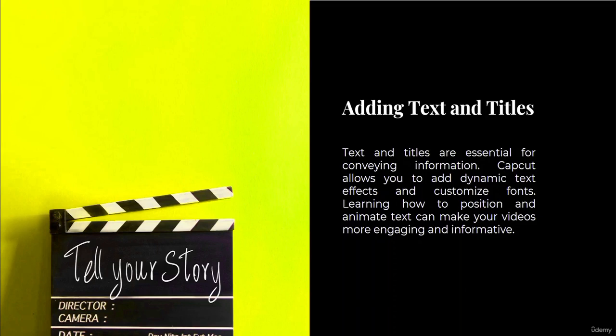So in that case, it's important and essential that you use text and titles. And also inside CapCut, you do have a lot of presets for text as well. And also there are different animations which you guys can actually give them as well. Otherwise, if you have your own set of words or own set of sentences, you guys can just take that and from there you can animate it later.